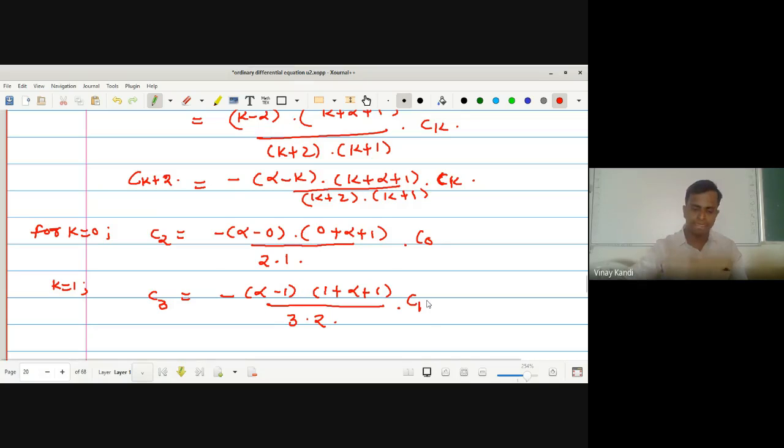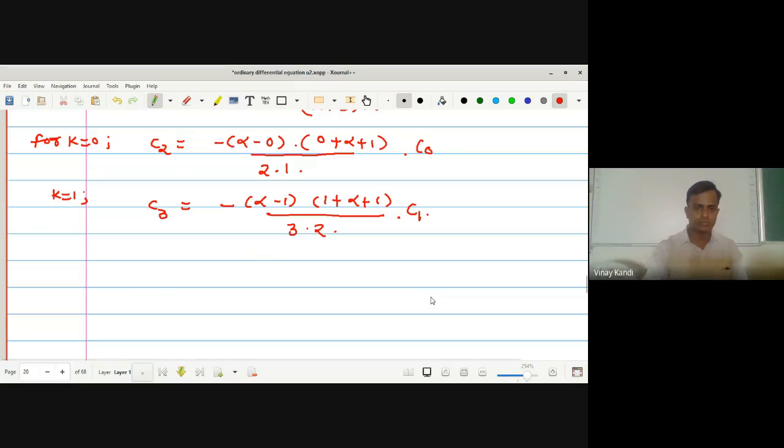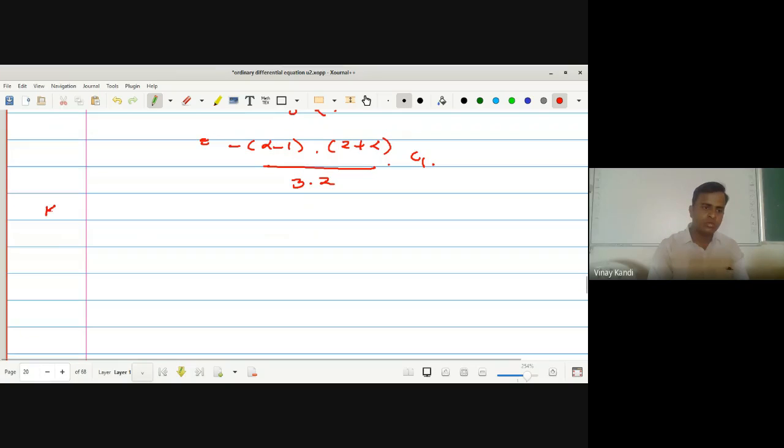Okay. Now that is equal to minus alpha minus 1 into alpha plus 2, this is 1 plus 1 is 2 plus alpha, divided by 3 into 2 into C1. Now for k equal to 2, what we get?